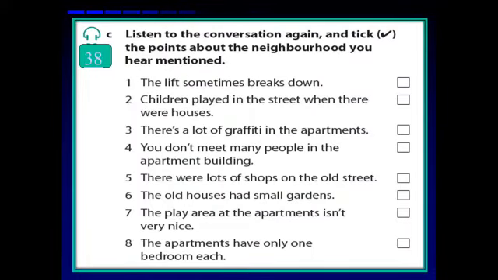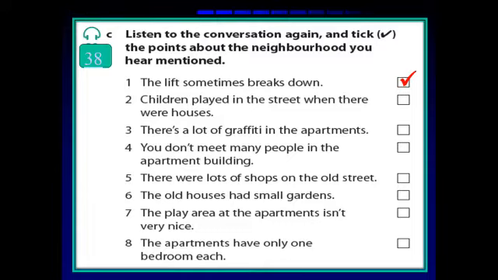Listen to the conversation again, and after listening for the second time, I want you to focus on this exercise. You have to focus on certain pieces of information, like choosing true or false. The lift sometimes breaks down. This is true.